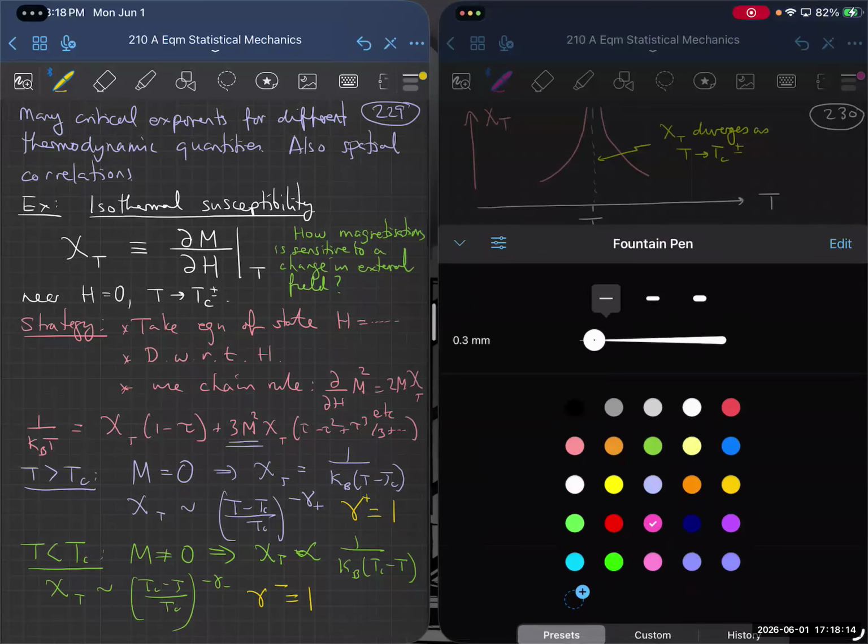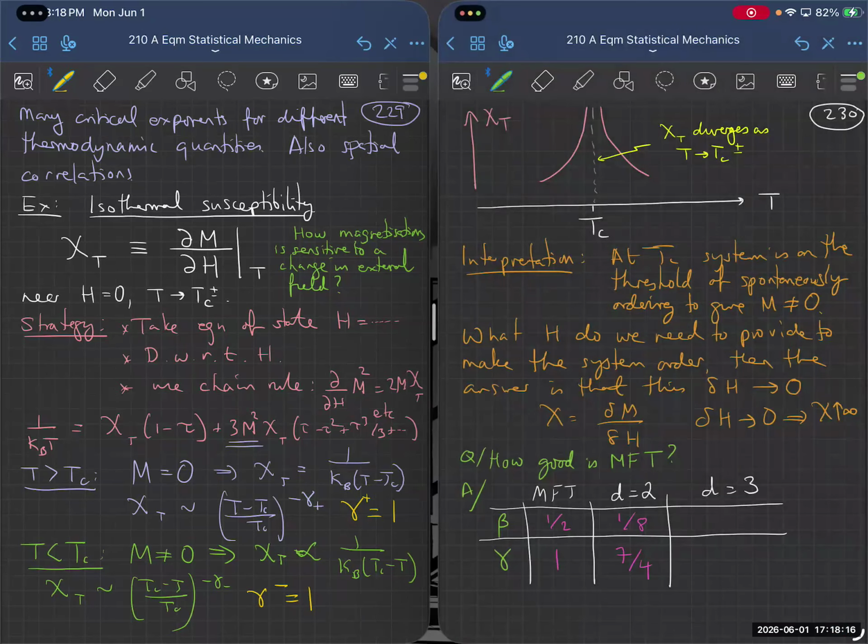So they're definitely different. It's definitely wrong. On the other hand, if you look at d equals 3, then you find that this number is not a fraction. It's a number like 0.325 or something like that. And this number is about 1.241, something like that. These numbers are obtained by computer simulation, a renormalization group, and so on.